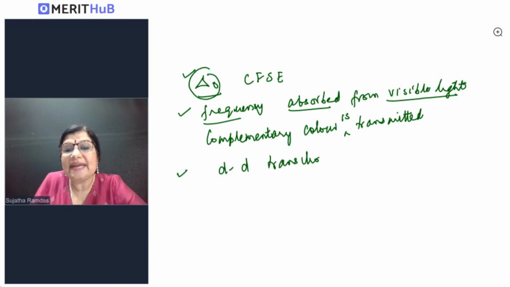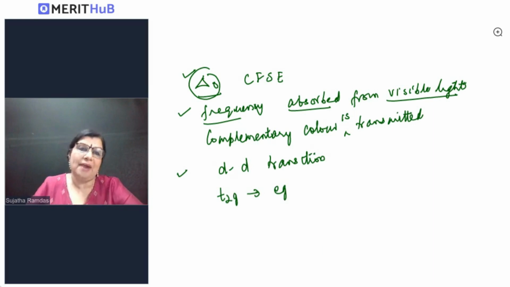What do we mean by d-d transition? From lower energy t2g orbitals to higher energy eg orbitals. For the electrons to undergo this kind of transition, what should be absorbed? An appropriate frequency corresponding to delta O.